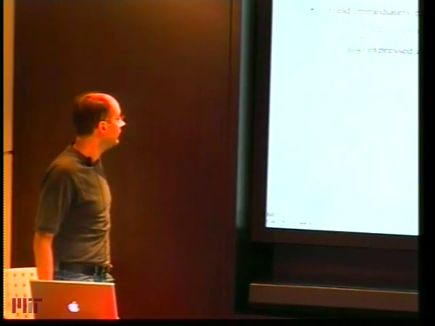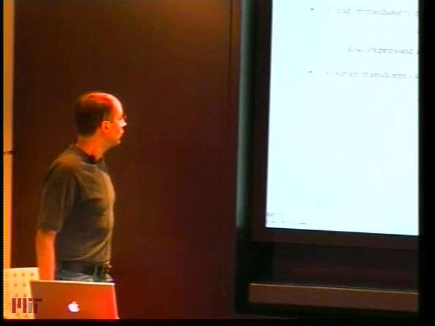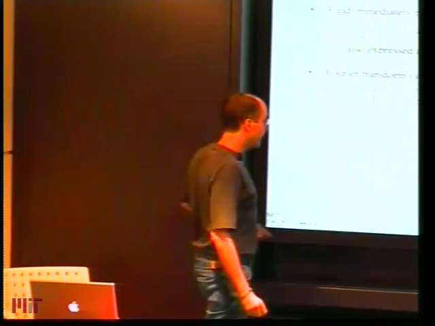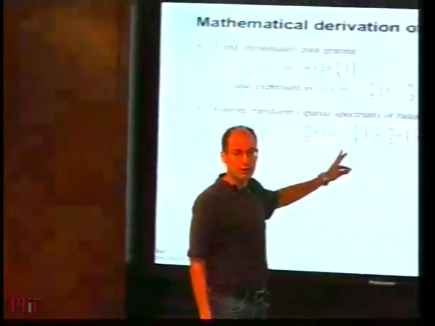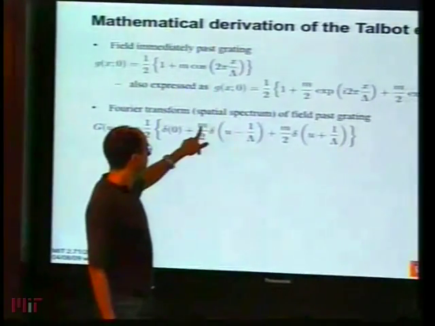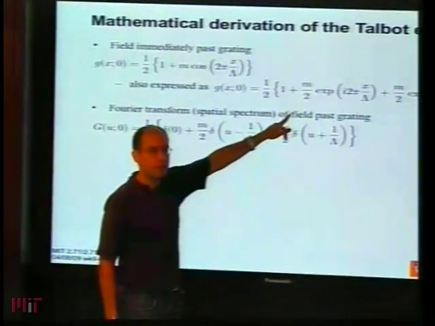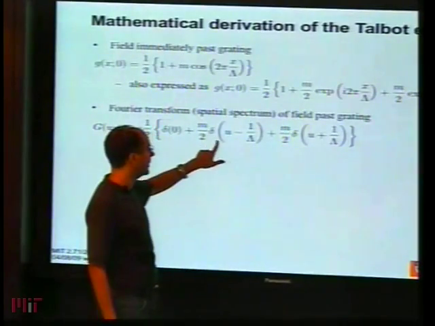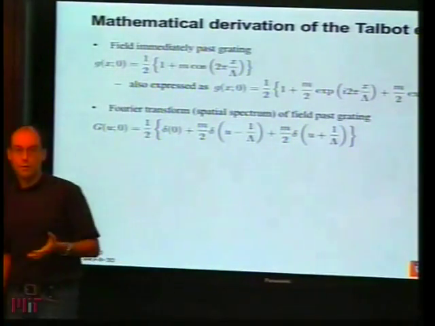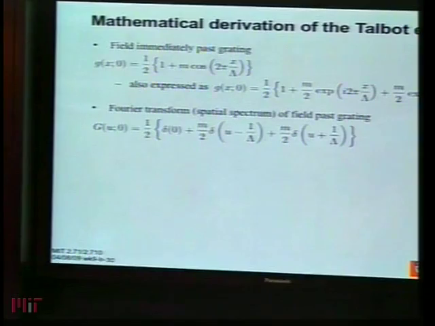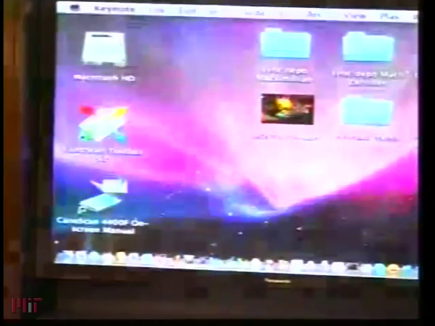We did this before. You can Fourier transform the field after the grating. We did this before also in the context of the 4F system, but mathematically it is really the same. Each one of these exponentials in the field will produce a delta function. Now the question is, what happens after the field propagates by a certain distance?